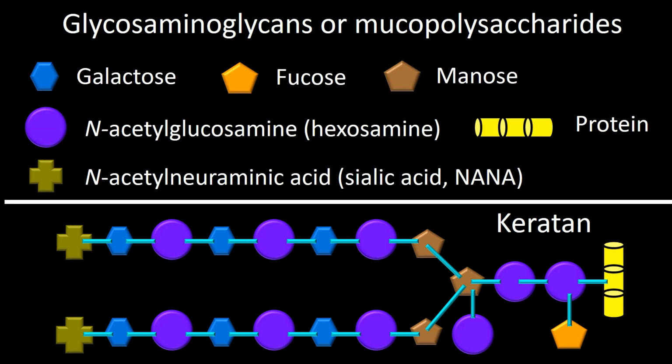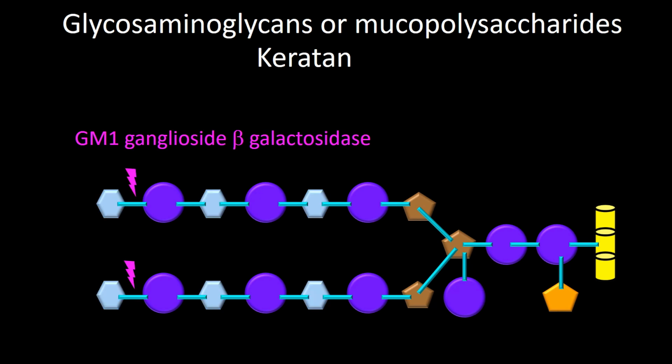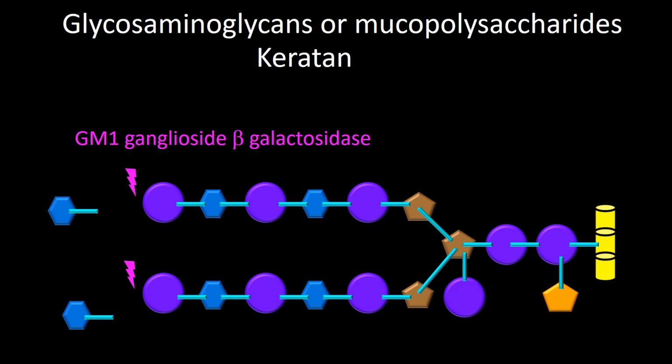In this frame, I have introduced the elements involved in forming keratan and keratan unit. Notice that galactose also attaches to hexosamide in this compound. Hence, in keratan, once NANA is removed, GM1 ganglioside beta galactosidase acts in the bond made by galactose and hexosamide, and as it does in the metabolism of gangliosides, splits the galactose.